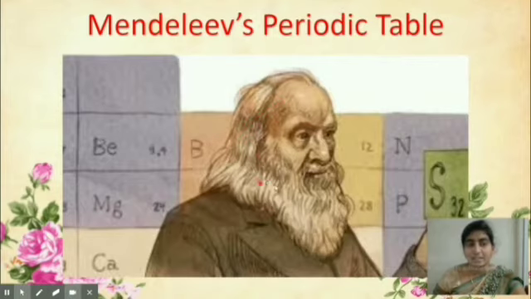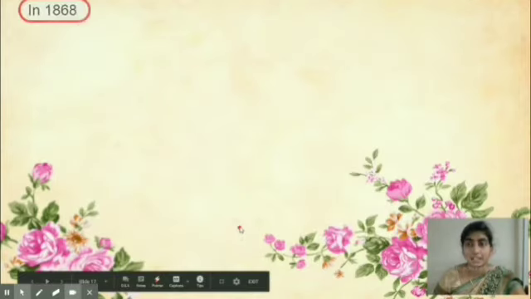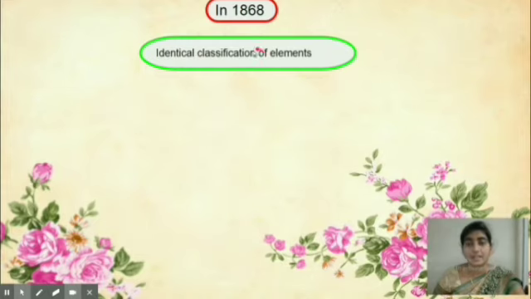He arranged the elements in order of increasing relative atomic mass, and he discovered 63 elements. Then, in the year 1868, two scientists, one a German and another a Russian, worked independently and came up with an identical classification of elements.